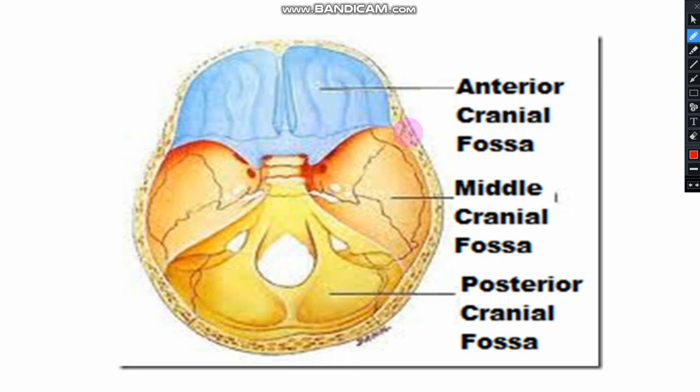This is the floor of the cranial cavity, and it is divided into the anterior cranial fossa, middle cranial fossa, and posterior cranial fossa.